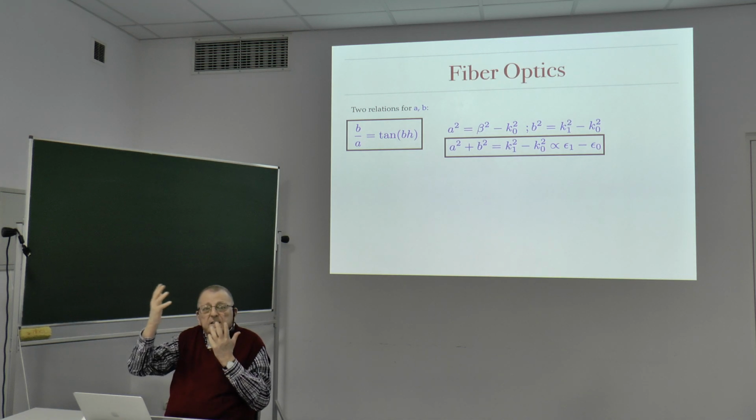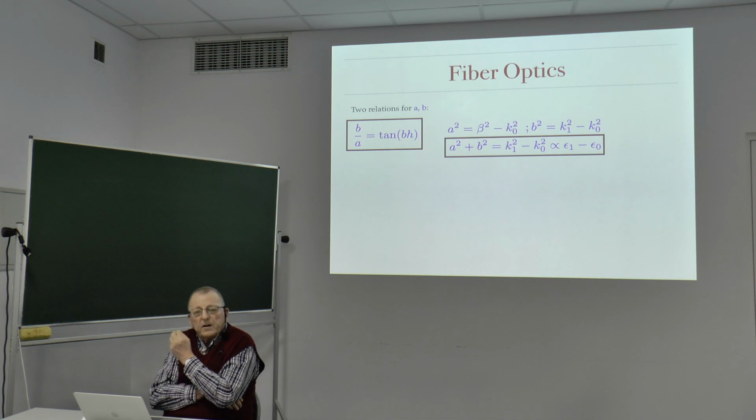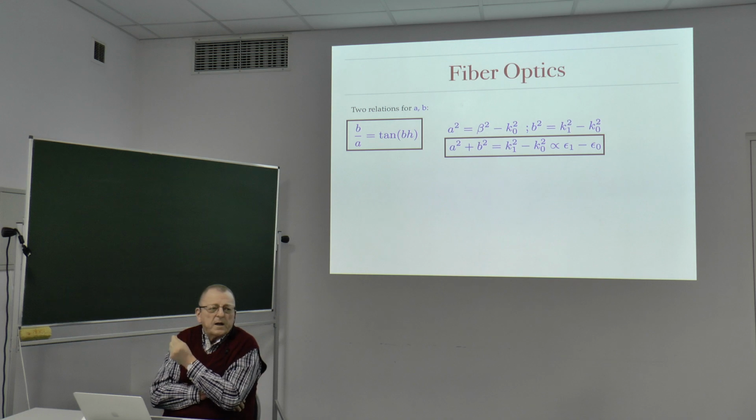If the outside is a vacuum, that is epsilon 0, and inside there is a dielectric constant epsilon 1. As you see, in order to have the coefficients A and B real, epsilon 1 must be larger than epsilon 0.